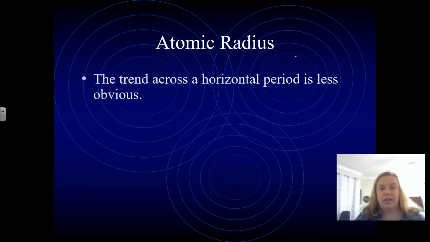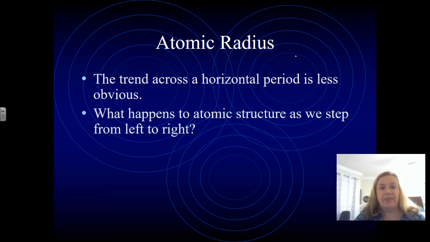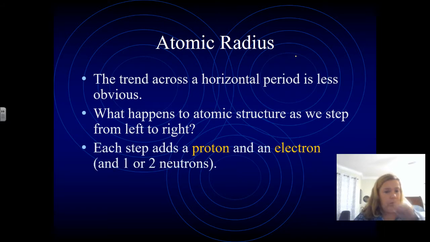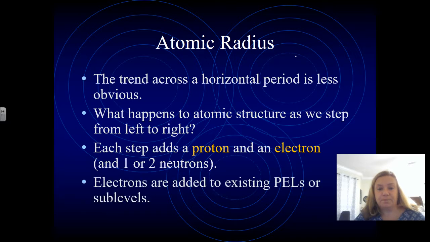However, the part that is a little less obvious and is a little more difficult to grasp is the fact that as we go from left to right, each step adds a proton and an electron. So what's happening here is we're adding electrons to existing principal energy levels or sublevels.